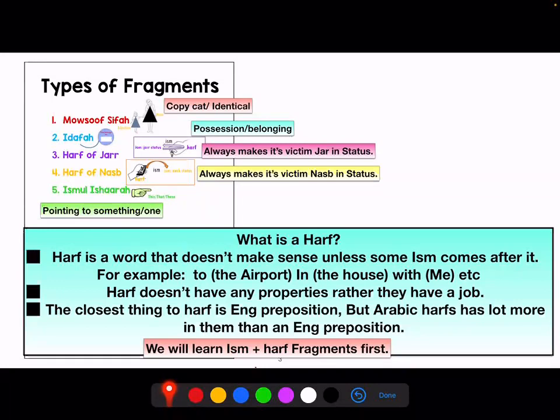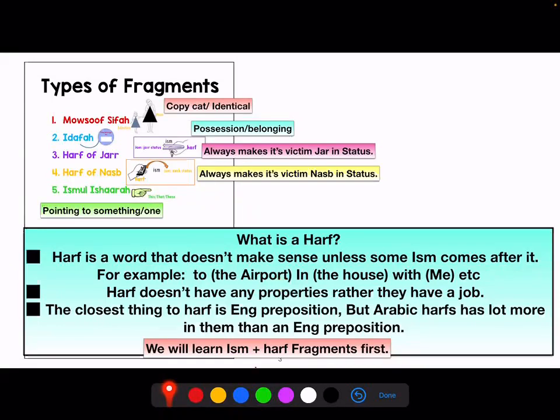Harf is a word that does not make sense unless some ism comes after it. For example, "to" is a harf, right? So "to" by itself is not going to make sense unless I add something to it. I say "to the airport." Now it's a little better, right? So someone can guess that I'm saying that I want to go to the airport, right?